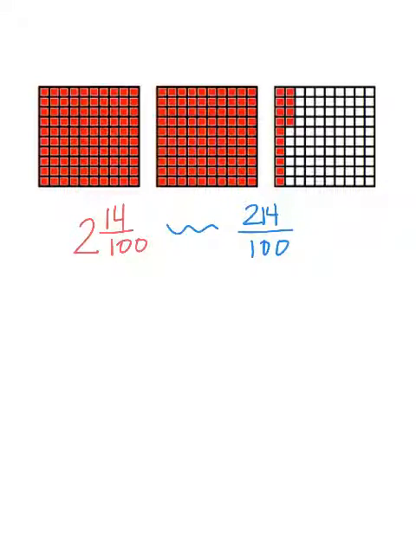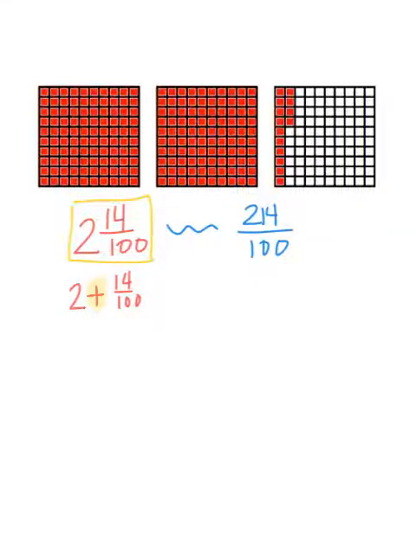The correct way to say this one is 2 and 14 hundredths. This plus sign right here is when we use the word and.